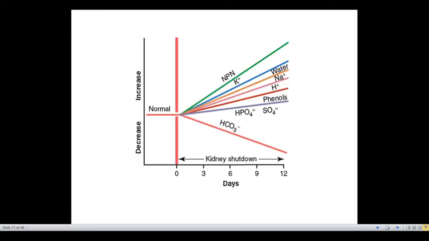Assuming that a person with complete renal failure continues to ingest the same amounts of water and food, the concentrations of different substances in the extracellular fluid will be as shown in this figure.